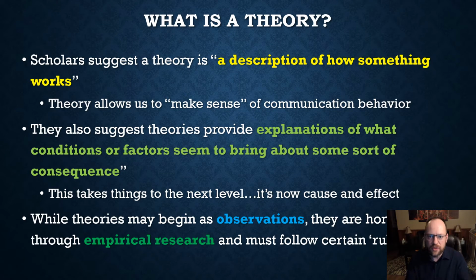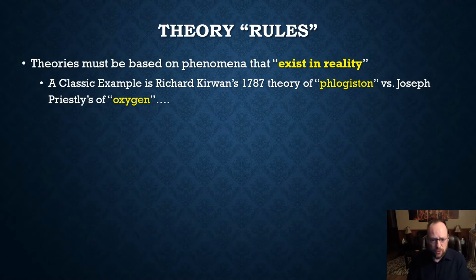We don't just make these up based off a couple of cases. We don't just make up what we think is happening. There are certain rules that make sure it's as rigid and empirical as possible. So one of the first rules is that theories have to be based in something that exists in reality.